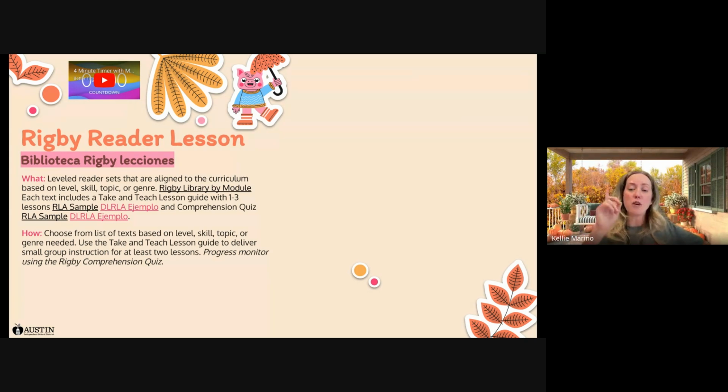And that very first step we took was to verify that the student had grade level fluency. And if a student has grade level fluency, then there is no need for us to go backwards in comprehension skills. We need to stay with grade level fluency.